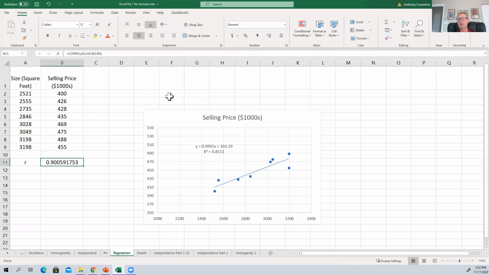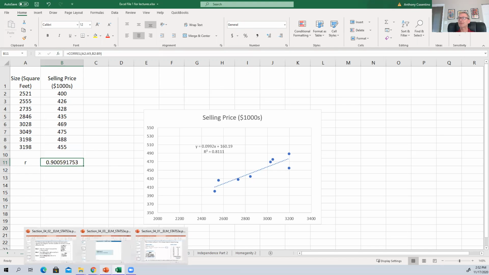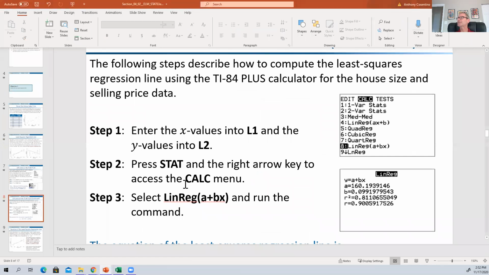Again, pick your poison, but this is an important number because this will dictate if you're going to use this equation or not. What I mean by that is that if that number is real close to 0, you might not want to use this model. It's not going to be a very good predictor. And if the number is real close to 1, or if the slope's negative, -1, you probably do want to use it. That's a very important calculation to do when you're doing these.